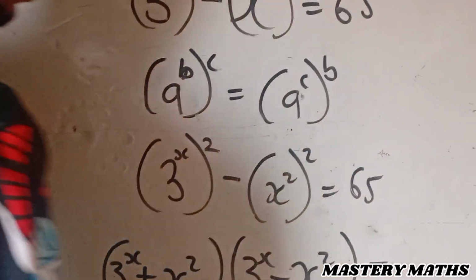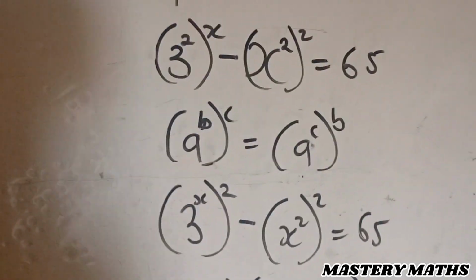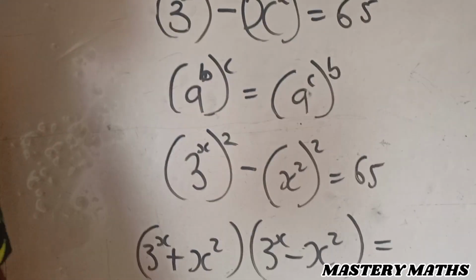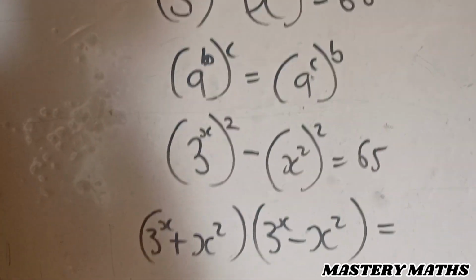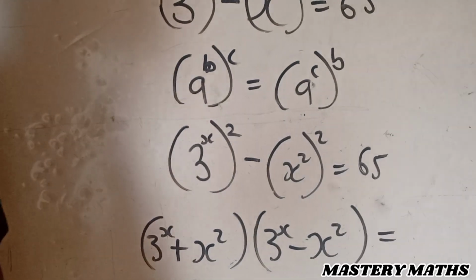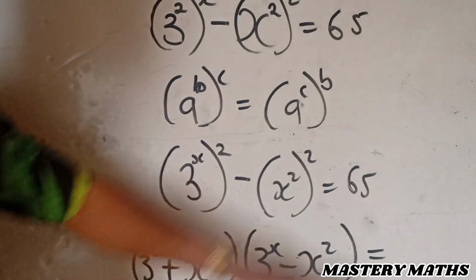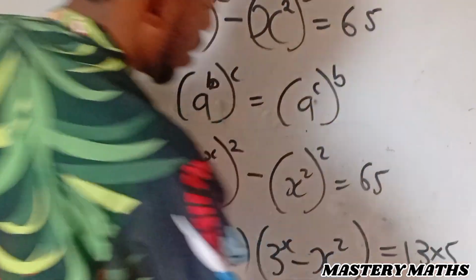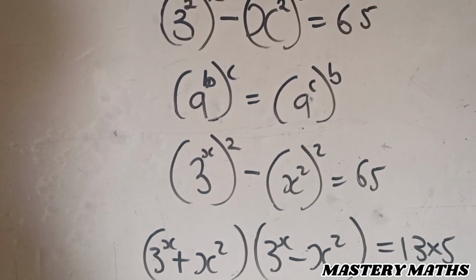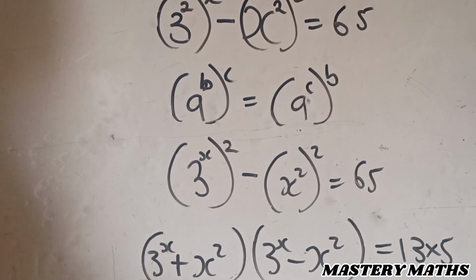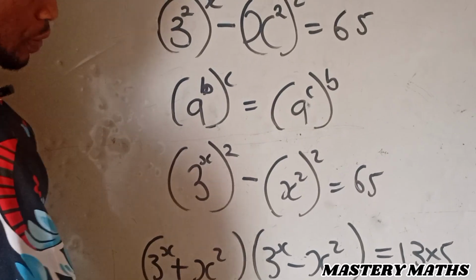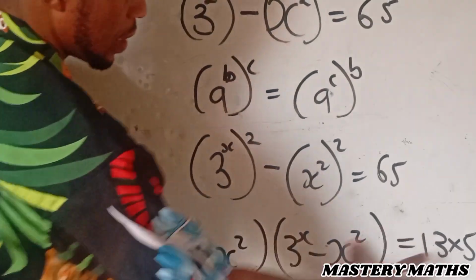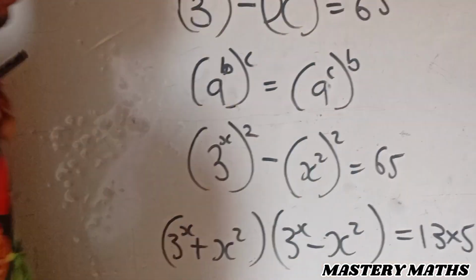Then equal to, now this 65 you're seeing there, you should look for two factors that will multiply to give us 65. And what is that? You have 13 times 5. So having done this, the next thing we need to do is to share this one into this. We'll take this to this and this to the other one.